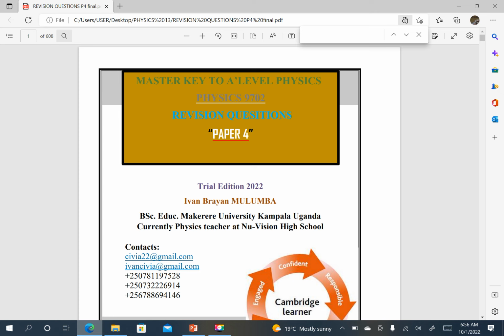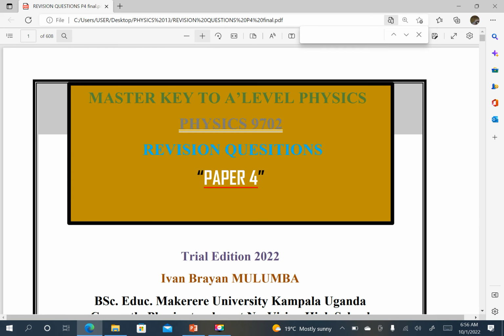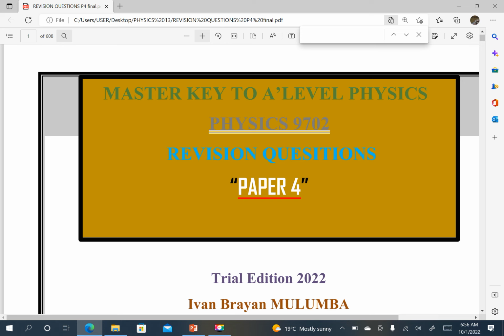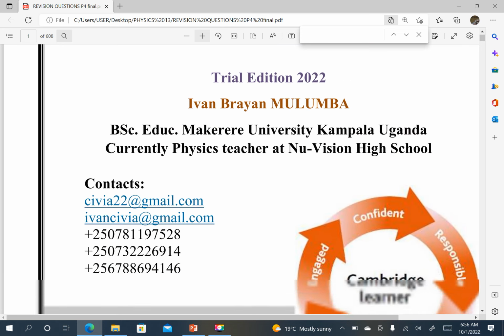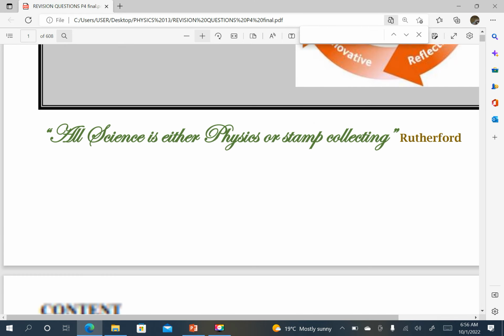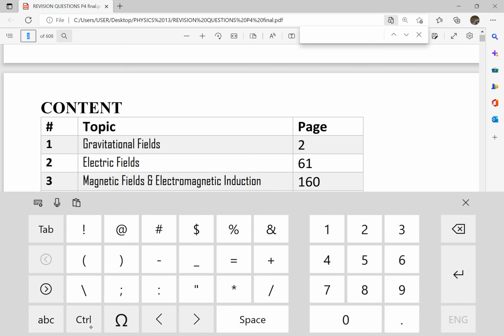So we are now on this document, and I'll try to expand it so that it can fill the page. Today we are on electric fields. You pull out your document for the past paper questions, and you scroll. We are still on electric fields, so I'll look for page 61.